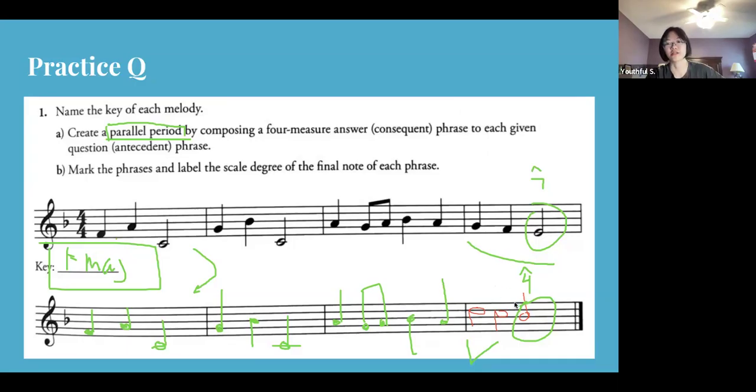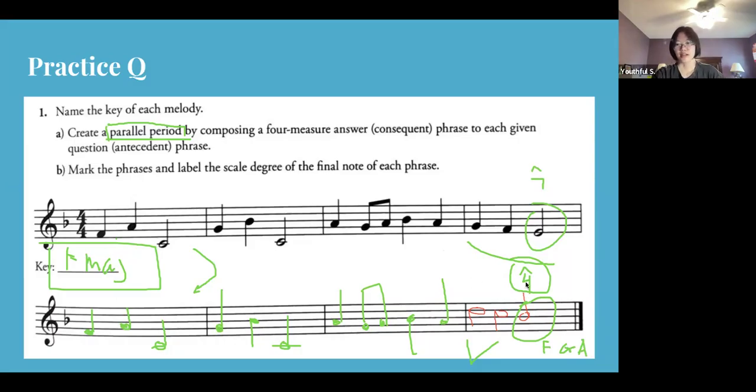So we want to avoid this 4 degree in general because it's so strange. So like D, C, B flat, which isn't really part of the F major tonic triad. So instead what I want you to do is end on F or A. So those are your two options here.